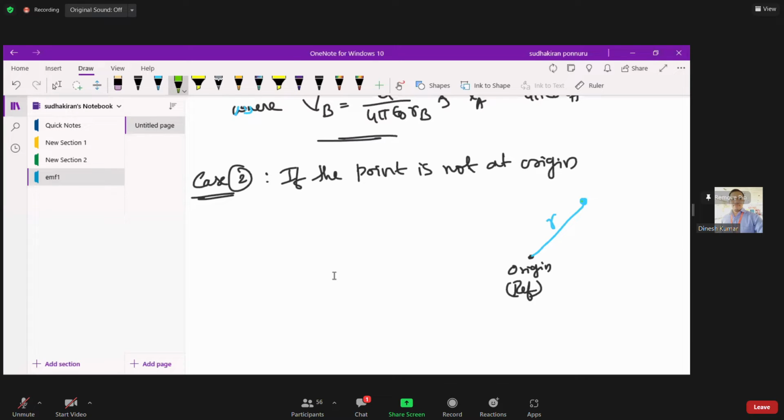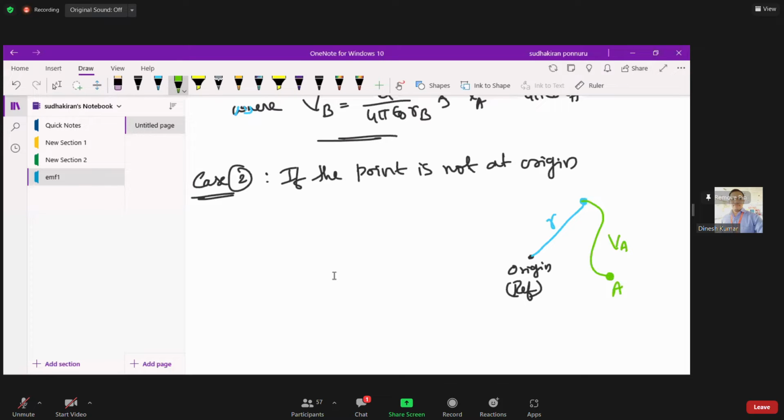Now we are moving this point charge from this location to somewhere else, let it be A. So we have done some work to move the point charge to the point A, and now we have to get the voltage at the point A.